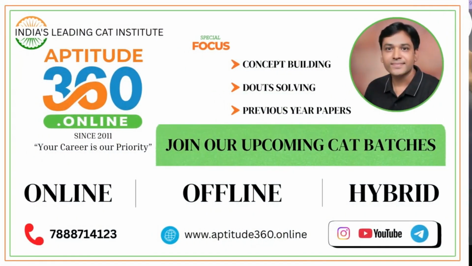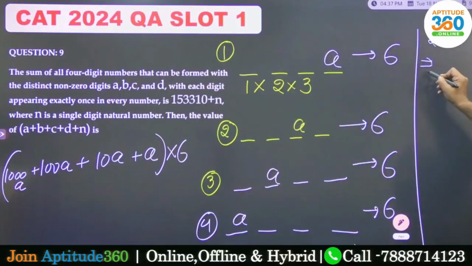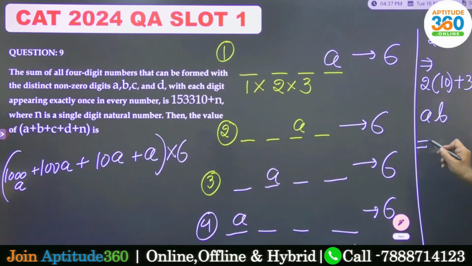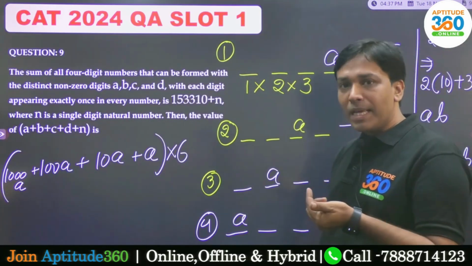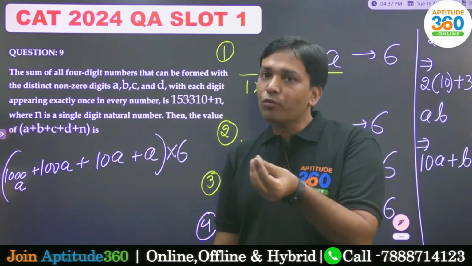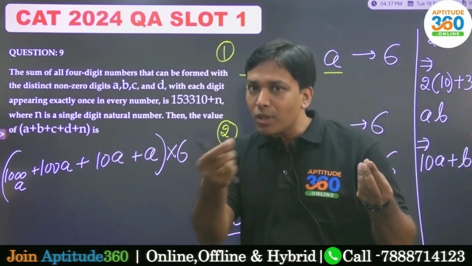When A is here, have a look at it. So if I say 23 and I want to write 23 as 2 times 10 plus 3, can I do that? Right? So if I have got AB, can I write AB as 10 times of A plus B? So that is what I'm telling you, that it is a tens place and A is a digit. Digit would be anywhere between 0 to 9.